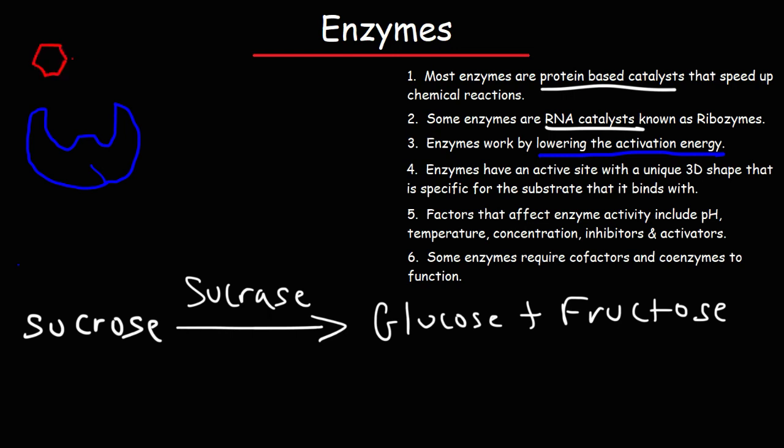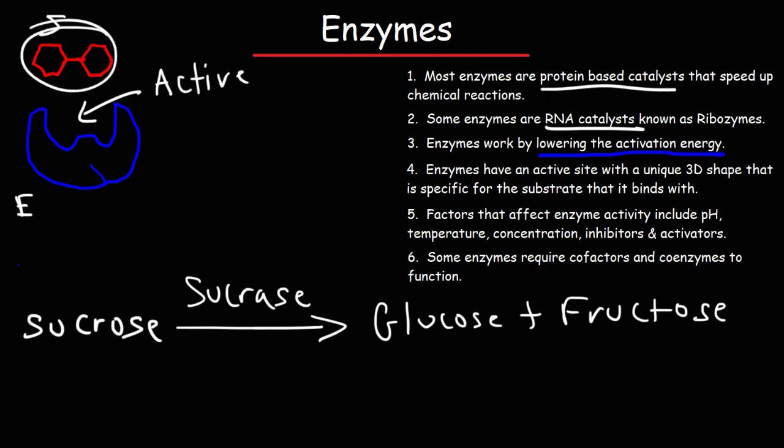Sucrose is a disaccharide. It's made up of two sugar units, glucose and fructose. So I'm going to write E for enzyme, S for substrate. As you can see, the active site of the enzyme, which is right here, has a unique shape that is complementary to the substrate.